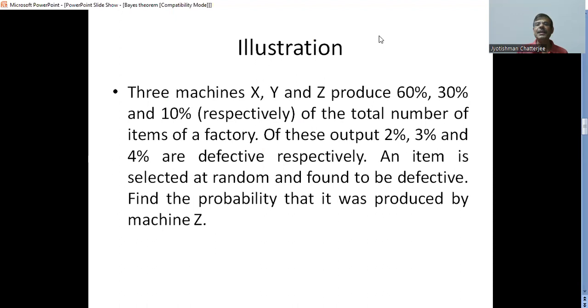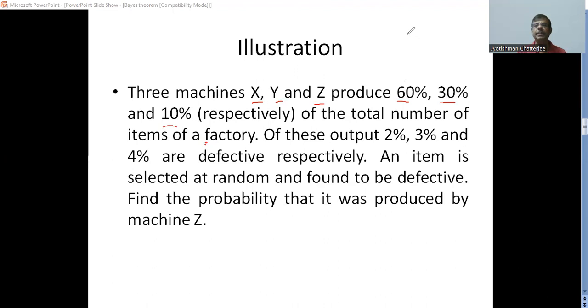Let's illustrate this formula with the help of this example. There are three machines, X, Y, and Z, that produce 60%, 30%, and 10% respectively of the total number of items of a factory. The item may be anything, pen or mobile, anything.